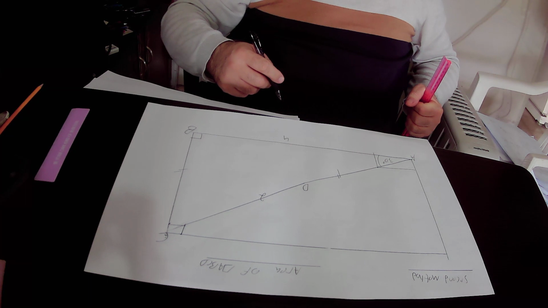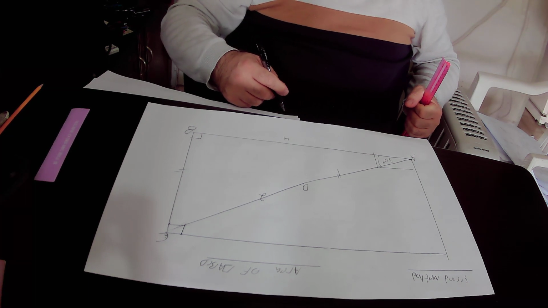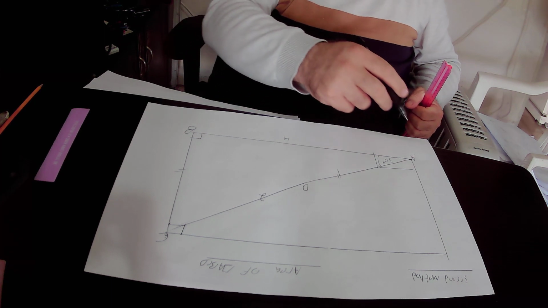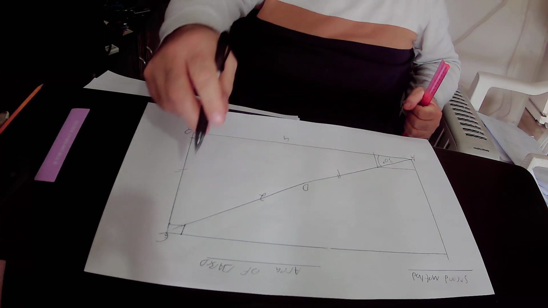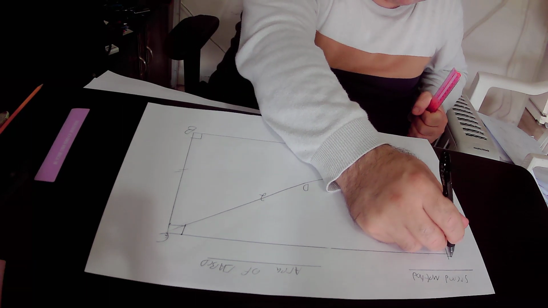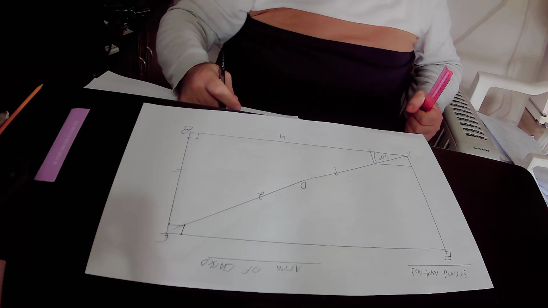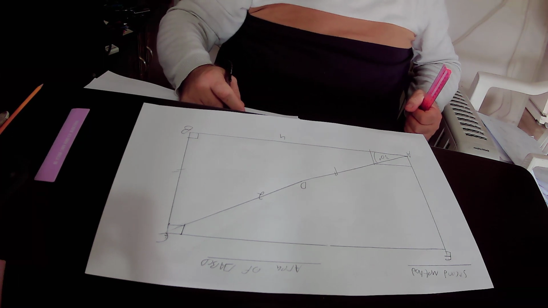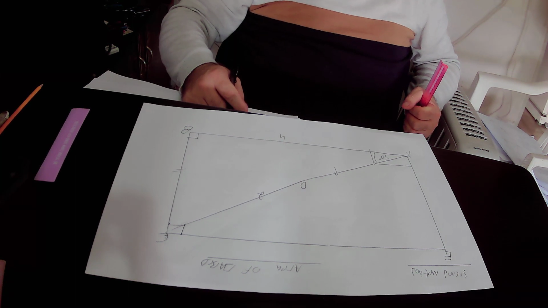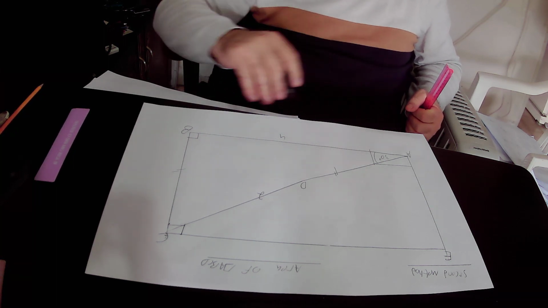We will define the intersection point between the perpendicular from point A and the perpendicular from point C as point E. So actually we have quadrilateral ABCE.